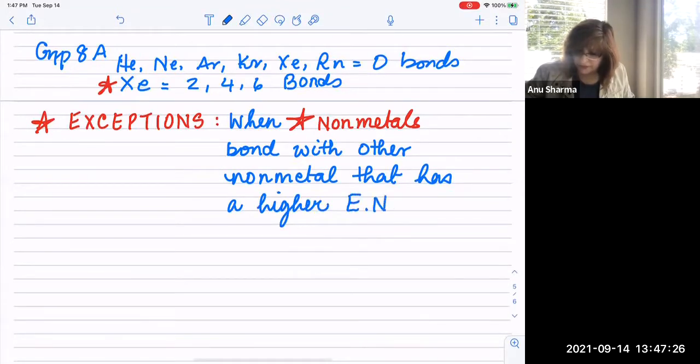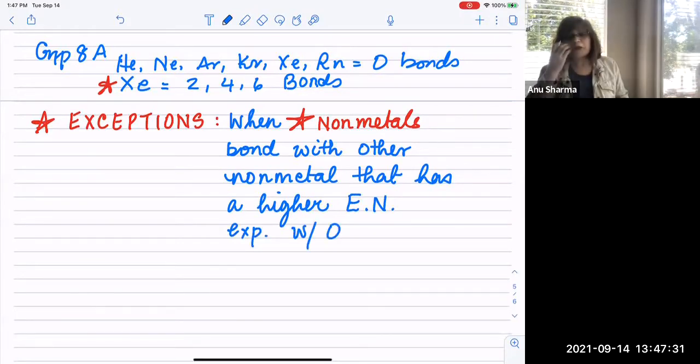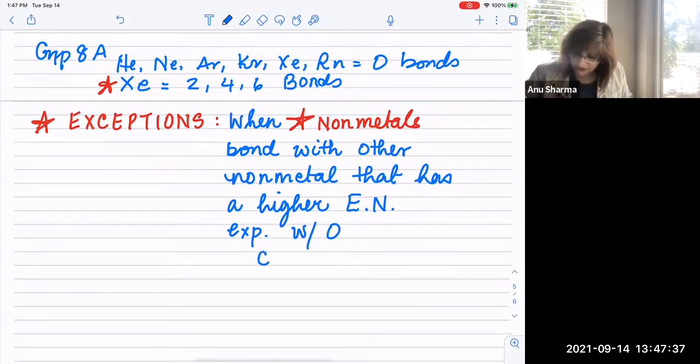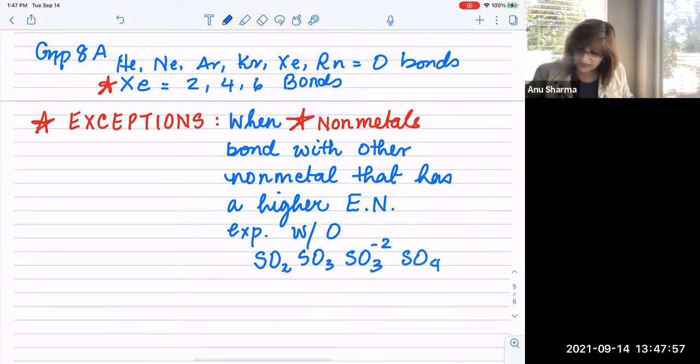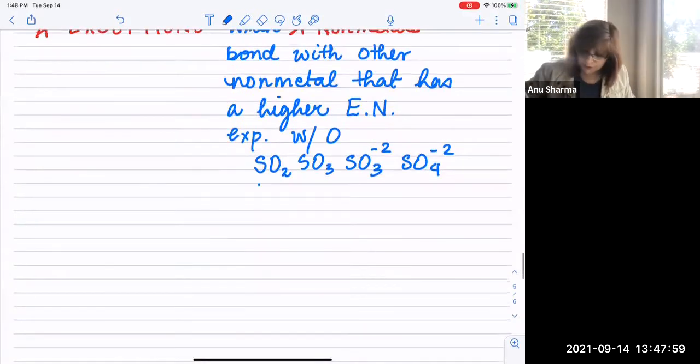For example, when they bond with oxygen. Let's do sulfur. When it bonds with oxygen, oxygen makes 2 bonds. So sulfur dioxide, sulfur trioxide, sulfate with -2 charge, sulfite -2 charge. For example, phosphorus, like phosphite, -3 charge.